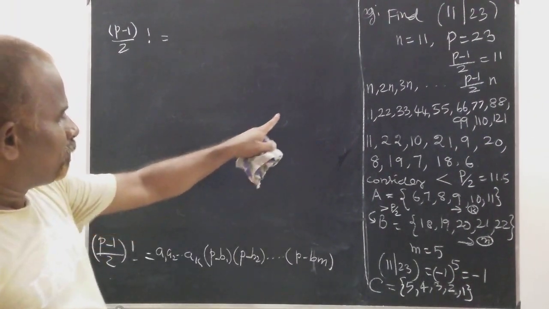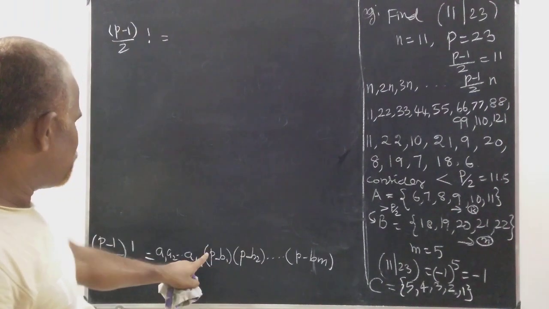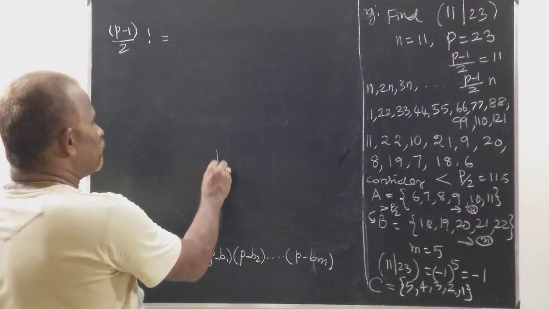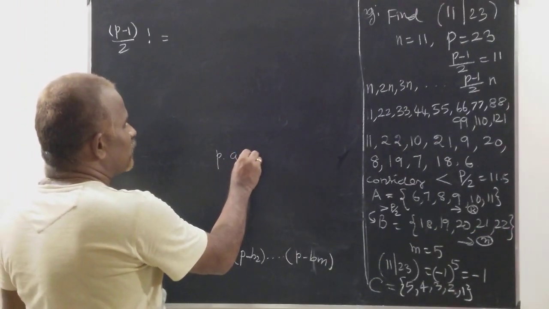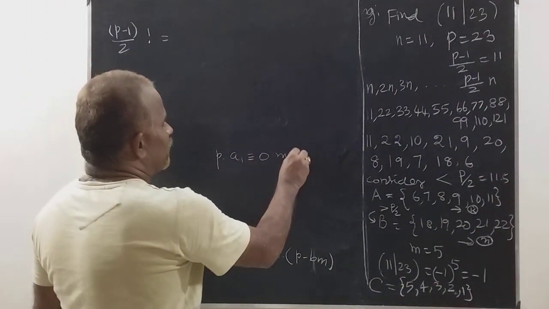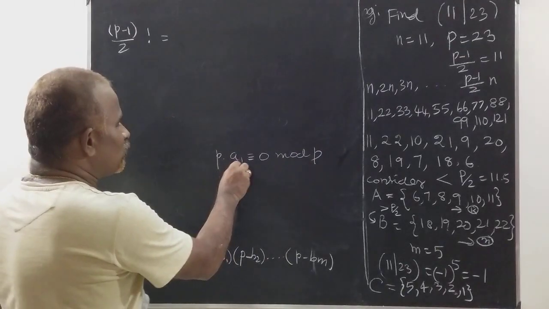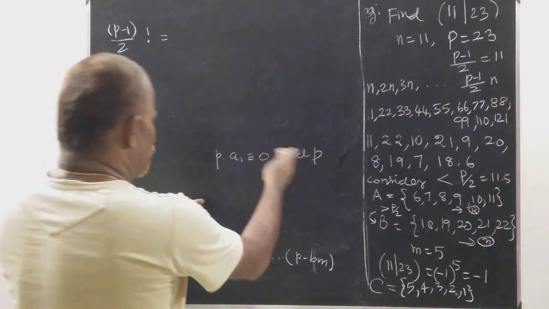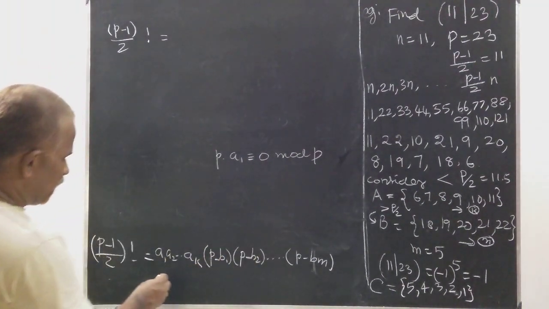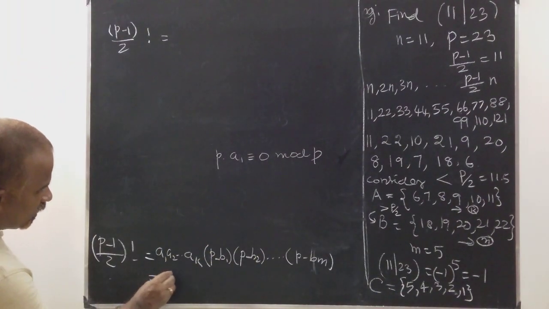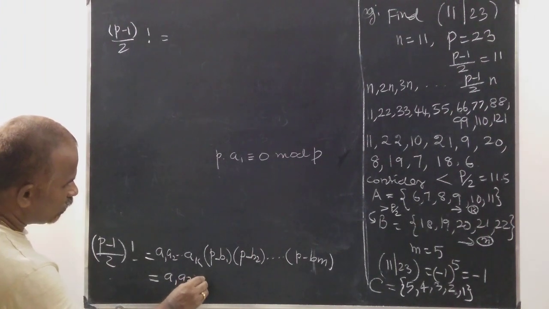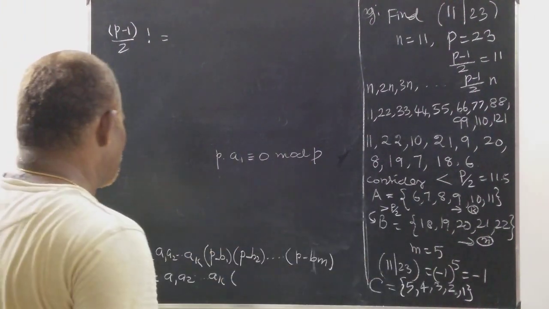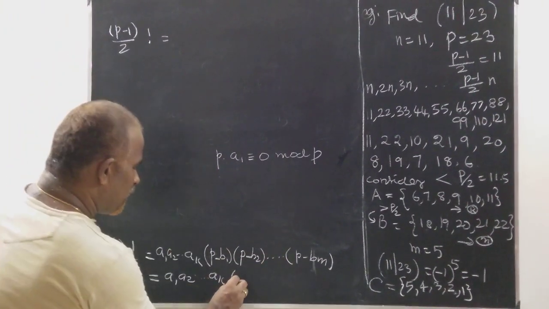P times A1 is congruent to 0 mod P. P times A2 is congruent to 0 mod P. So P times anything is congruent to 0 mod P. So therefore I can write A1, A2, ..., Ak. The remaining thing is minus 1.